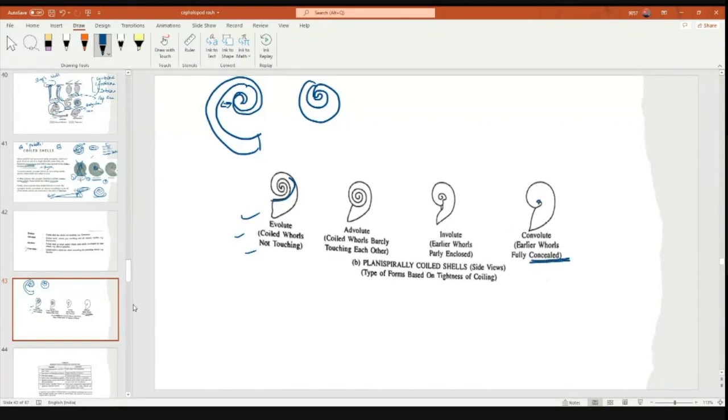This one is the early chamber, which is fully concealed by the younger chamber; the younger chamber completely encloses it and touches it. So this will be convolute. Through the image it will be more clear. This will be the initial chamber and this will be the younger chamber which totally conceals the earlier chamber or earlier wall. We are talking about the wall here, not the chamber, right?